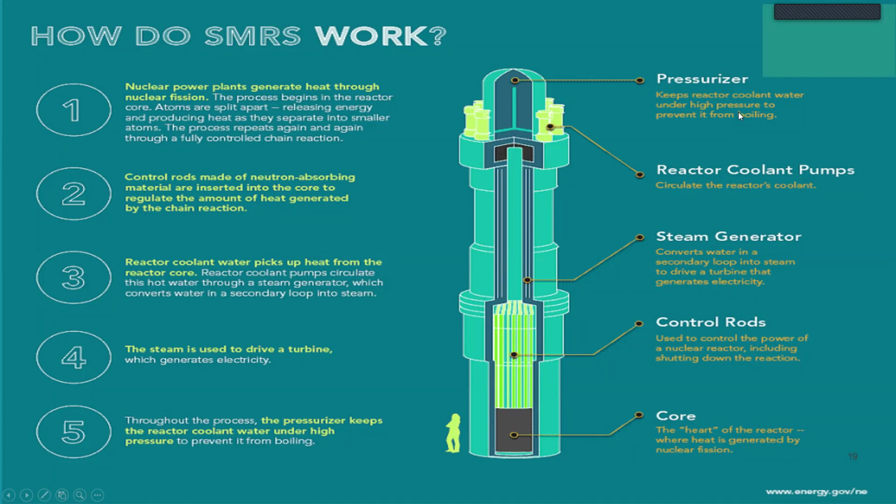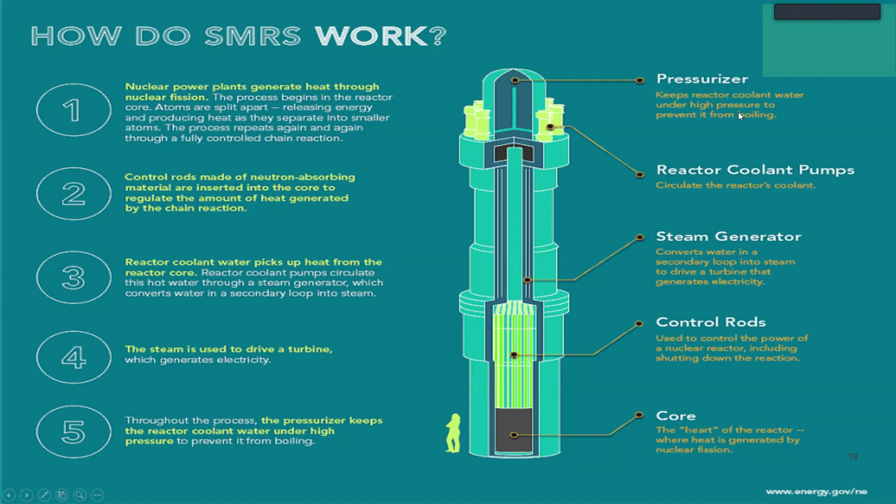The steam moves into the secondary loop, where it drives the turbines that generate electricity. We transform thermal energy to kinetic energy, then kinetic energy to electric energy.